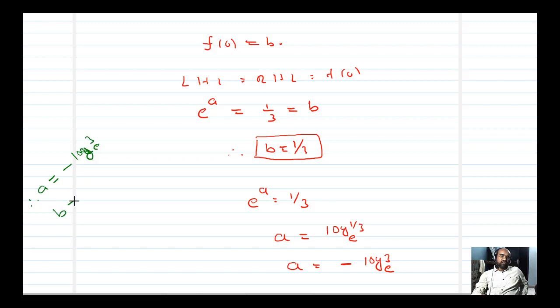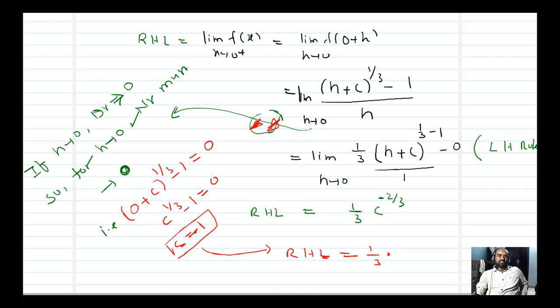This is an interesting problem. So here this area is interesting, students. Directly I found RHL, that is 1 by 3 c power minus 2 by 3, using the LH rule. But directly you can find the c value by using this concept. H is tending to 0, the denominator tending to 0. So limit exists, what is the meaning of that? If the denominator tends to 0, the numerator also tends to 0, 0 by 0 form, then only you can find the limit.